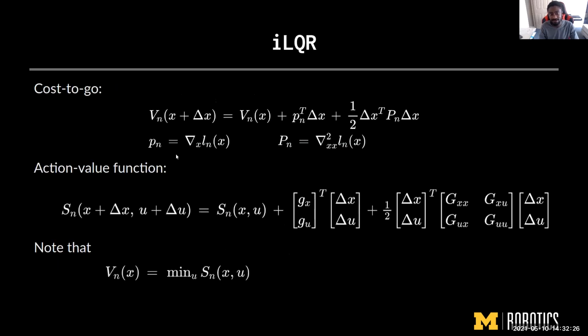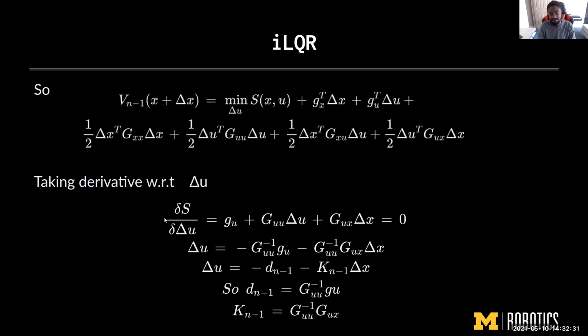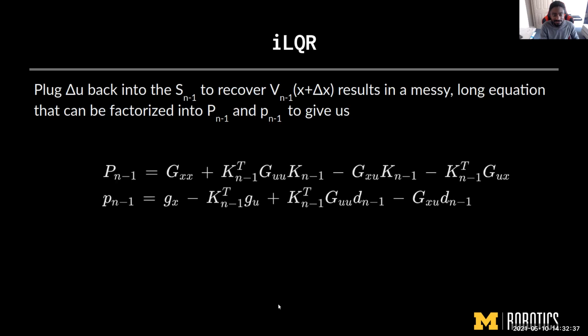So you've now been able to figure out the p's as well as the d's, the small p, big P, as well as the small d and big K. So the next step would be to figure out where to get the g's.